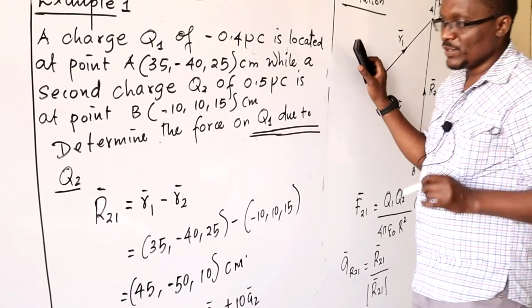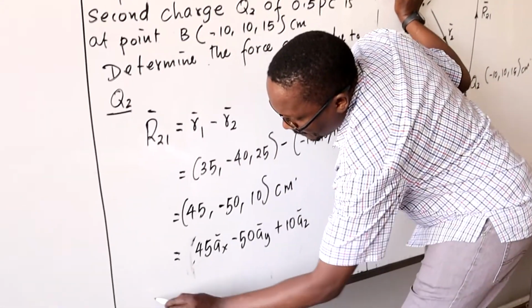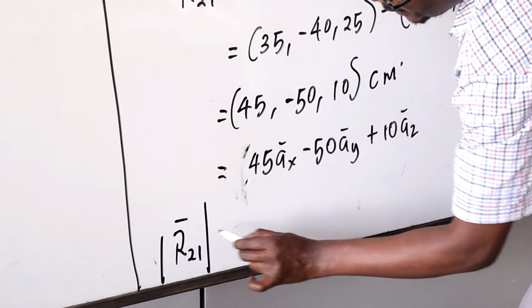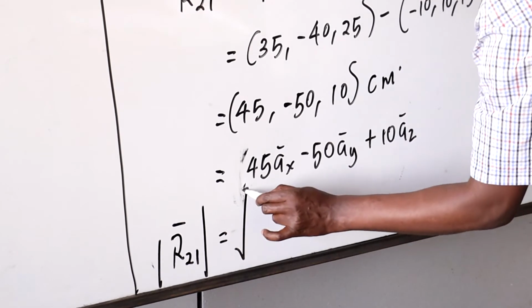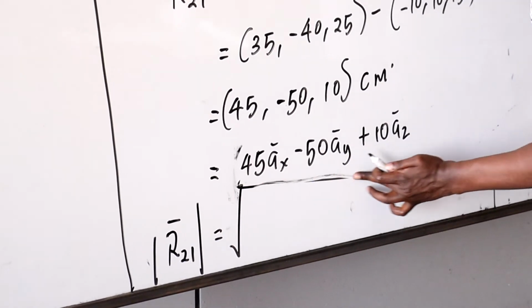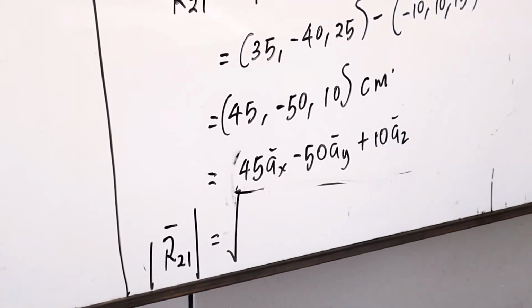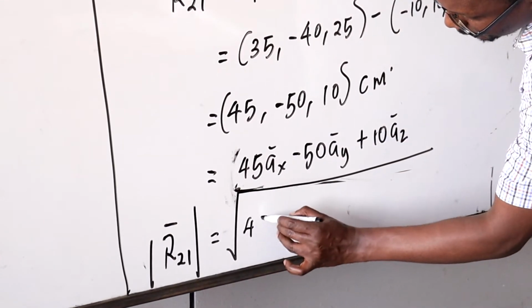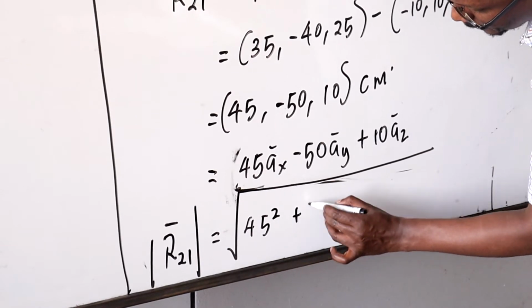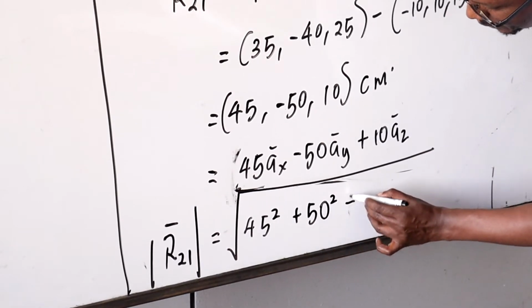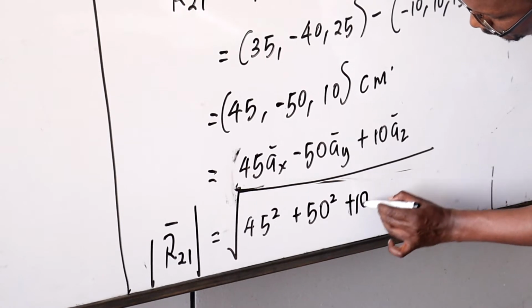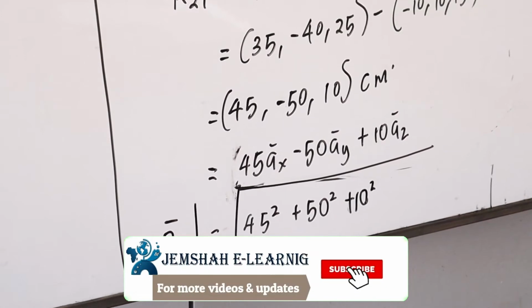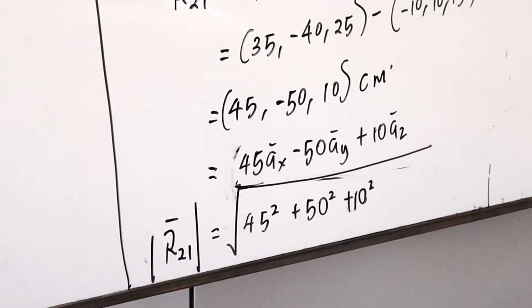Then we are supposed also to get its magnitude. So R21 as a magnitude becomes the root of 45 squared plus 50 squared plus 10 squared.